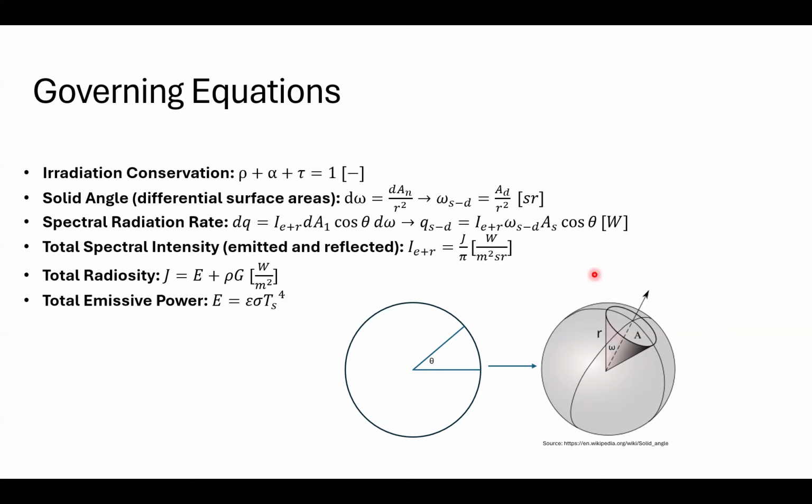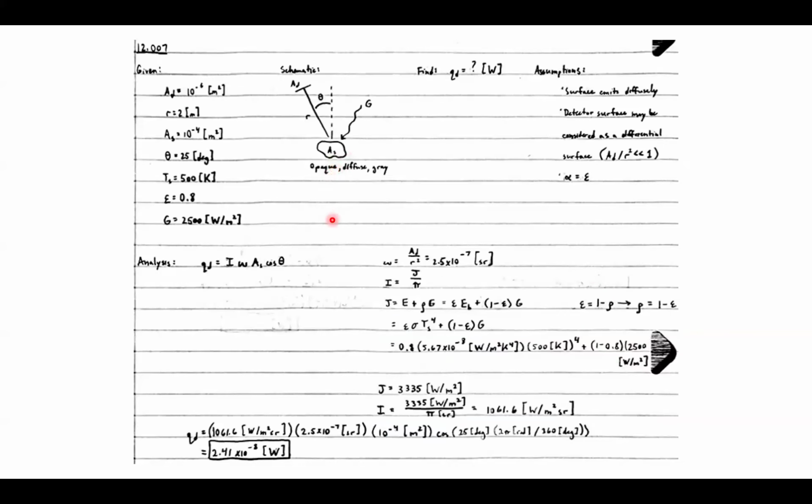And so if we put all these equations together, we can understand how much radiation this detector surface is observing from the radiating surface.